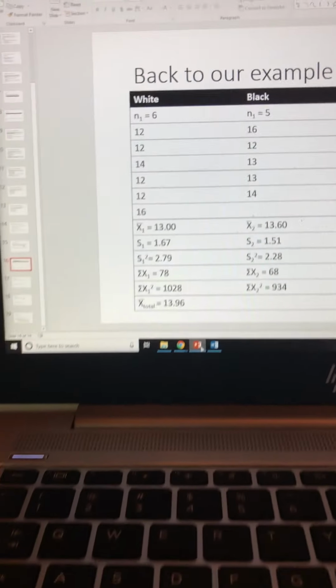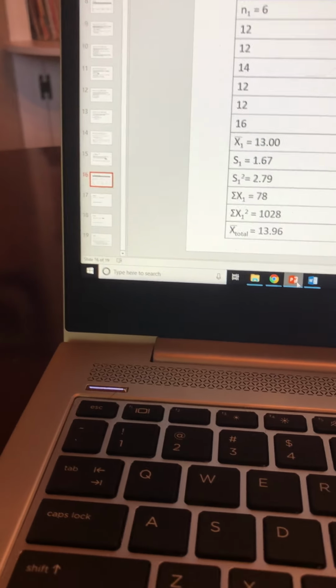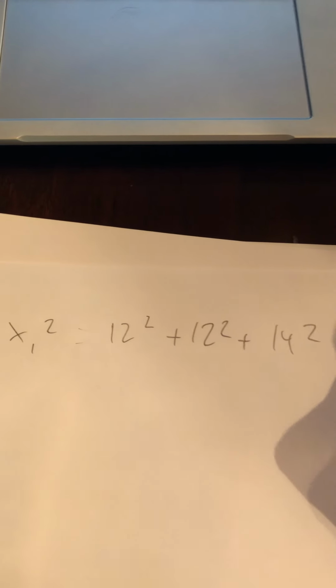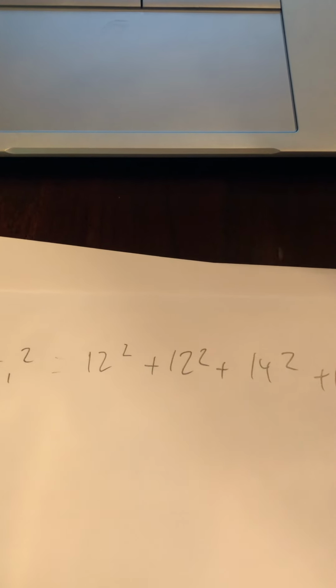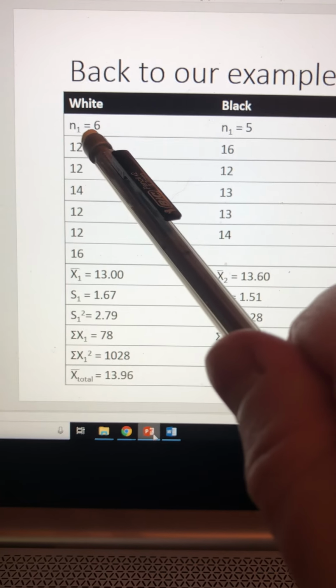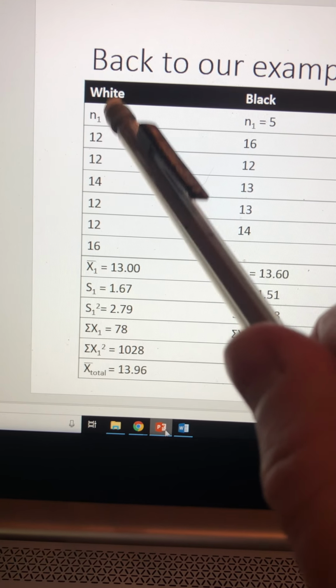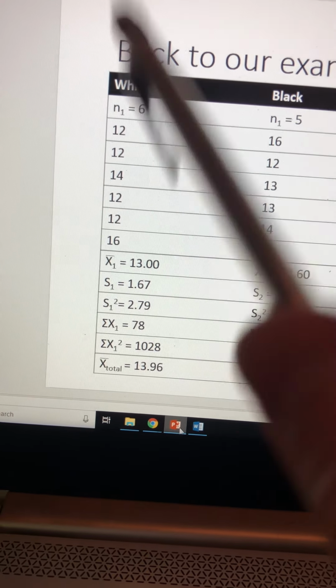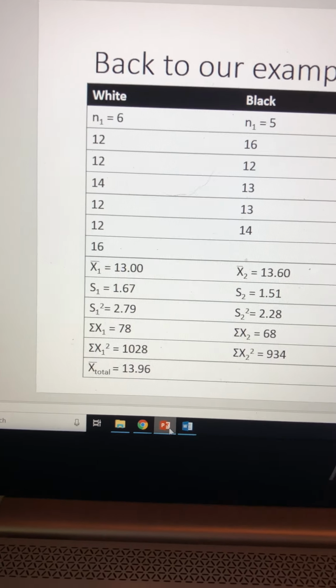So the sum of x1 squared would be 12 squared plus 12 squared plus 14 squared plus 12 squared plus 12 squared plus 16 squared. So it's the sum of all the squared values. 12 squared is 144, plus 144. I don't know what 14 squared is off the top of my head, but we square each of these values and you add them up.